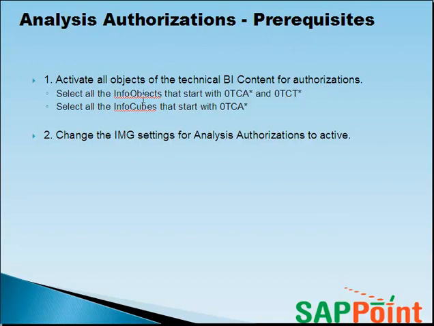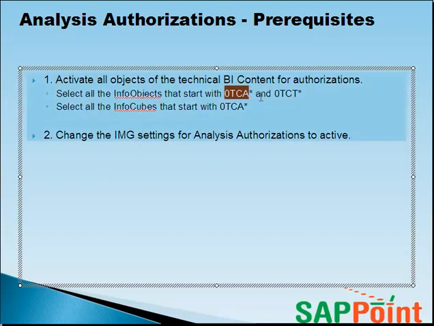Now, these are some of the prerequisites that you need to have to use the analysis authorizations. You need to activate all the info objects that begin with 0TCA and 0TCT, and select all info cubes that start with 0TCA, 0TCS, TCA.